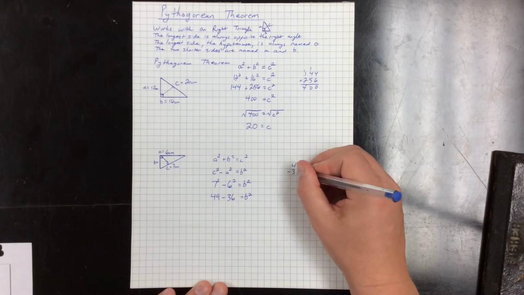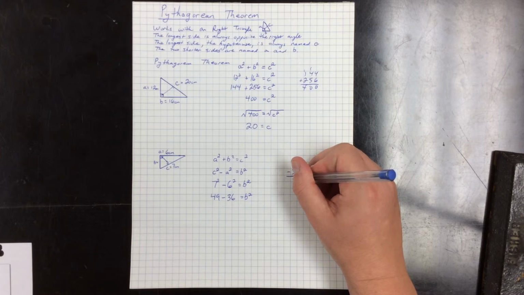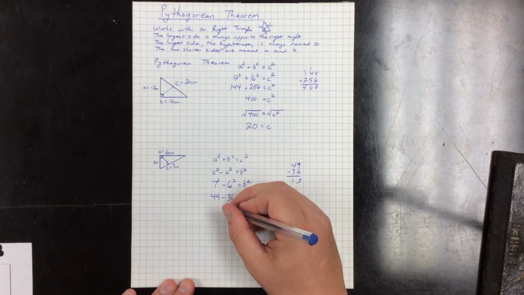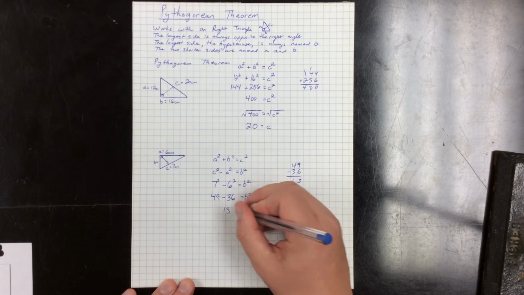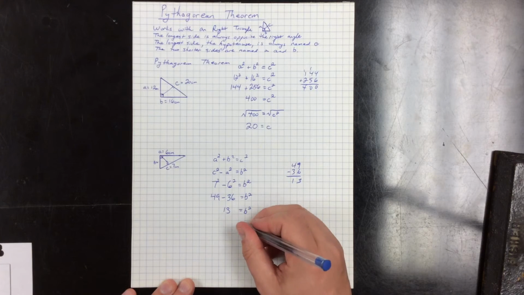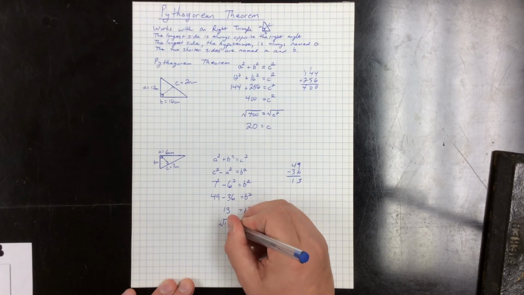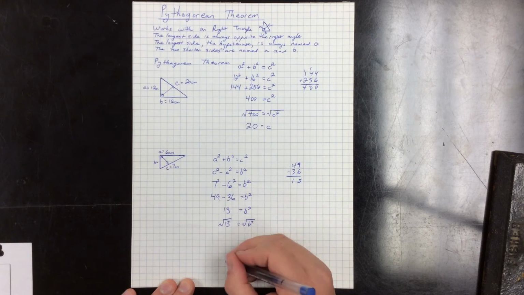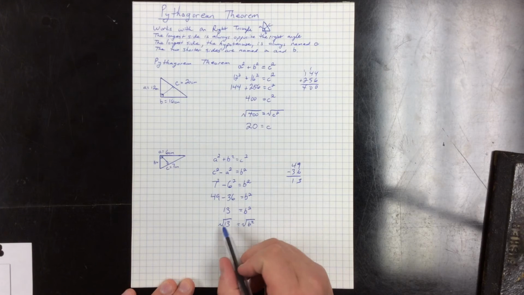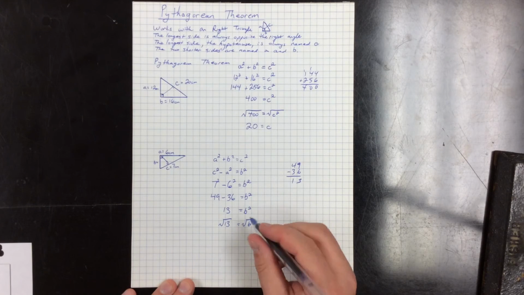Let me work it out off to the side to make sure I get it right. It gives me 13. So 13 is the same as B squared. I want to get rid of that squared, so again I'm going to take the square root of 13. I could funnel down and know that it's between 3 squared and 4 squared, so it's between 3 and 4.